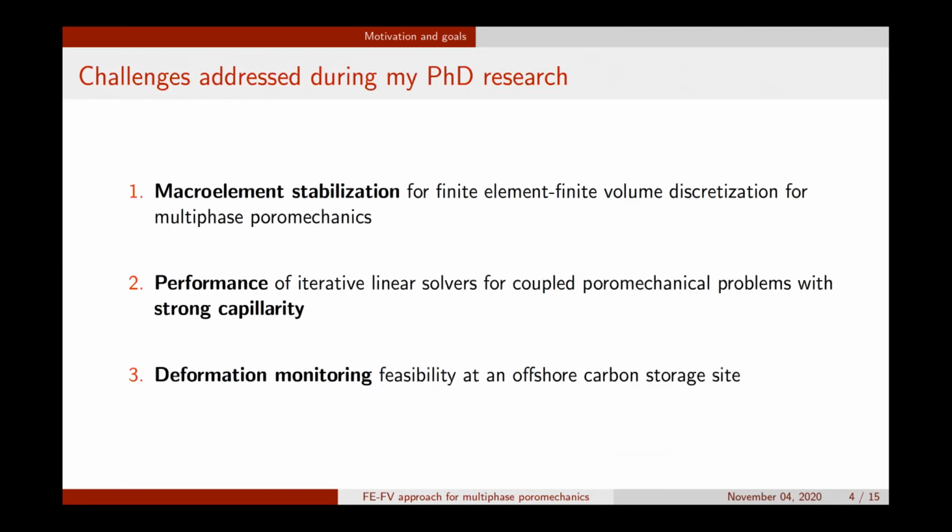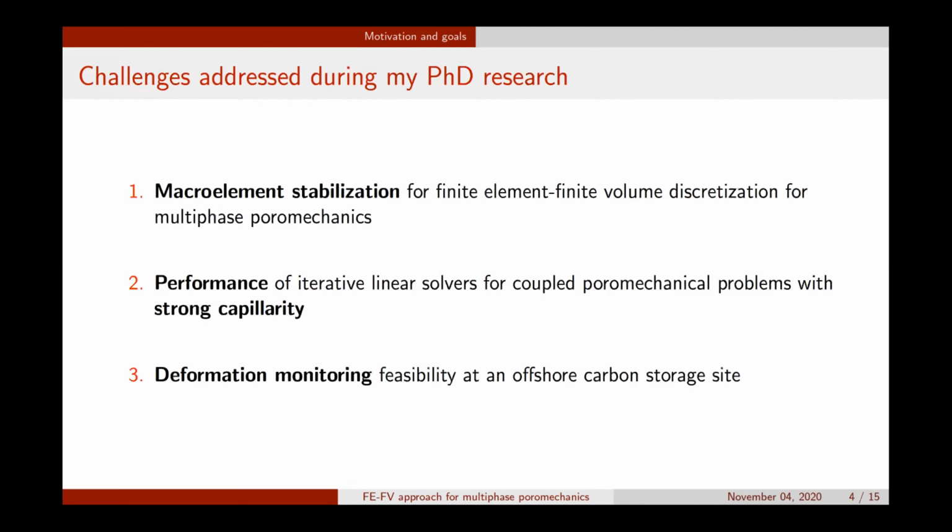During my PhD, I've tackled mostly three challenges. The first one is related to the discretization method that we choose for solving our problem. We use a finite element, finite volume discretization, and this discretization, unfortunately, is not intrinsically stable, meaning that under certain conditions, we'll have oscillations showing up in our solution that are not physical.